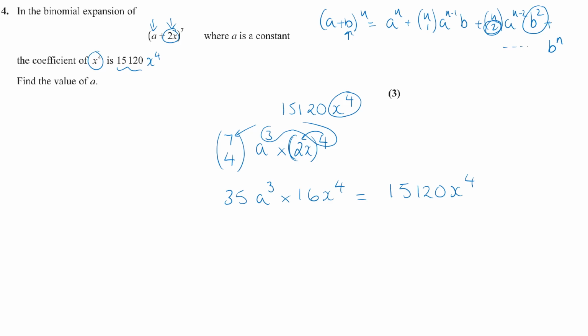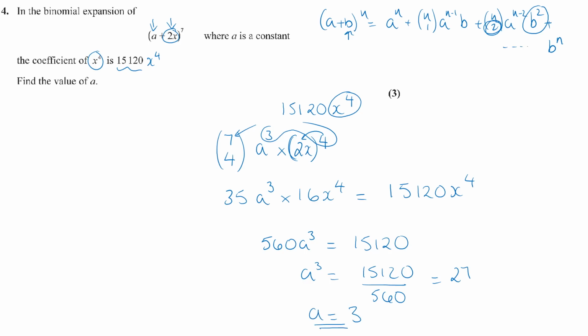So everything with the x to the 4, the 35 times the 16, which comes to 560 a cubed, must equal the 15120. So a cubed is 15120 divided by 560, which comes out to be 27. So a must be the cube root of 27, which is 3.